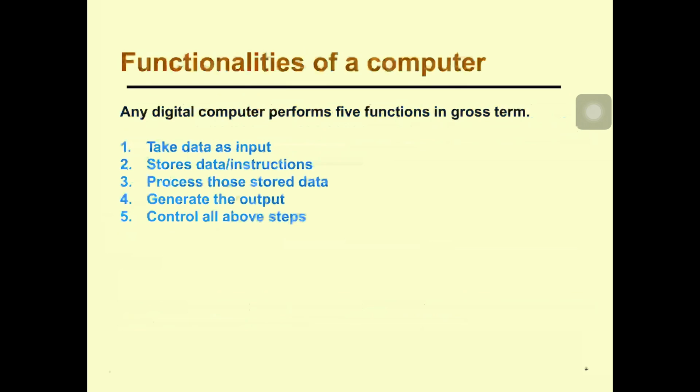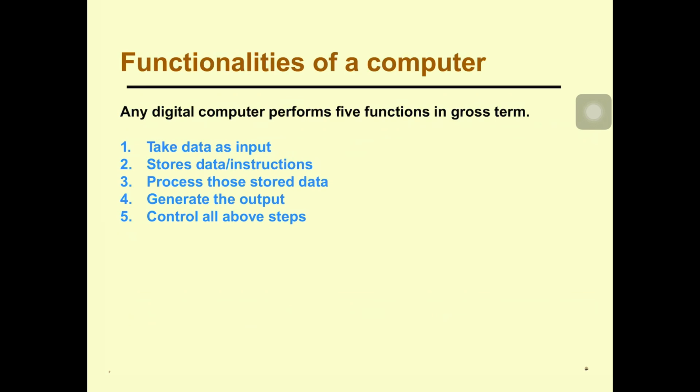Okay. Now, functionalities of the computer. What type of functions is the computer doing? Okay. First of all, computer takes the data as input. Without input, computer is a dumb machine. Okay. Then next, it stores the data or instructions.